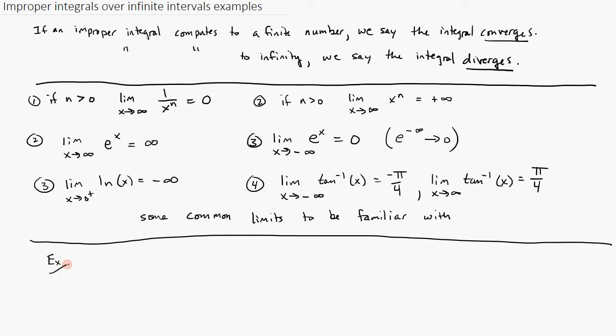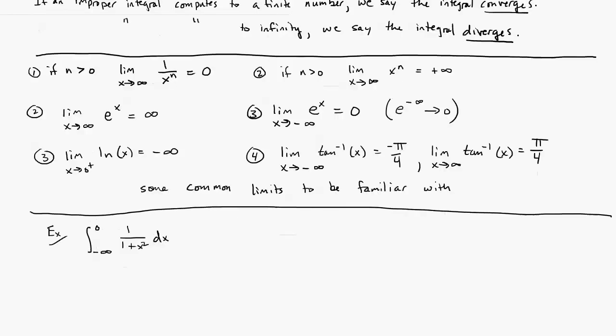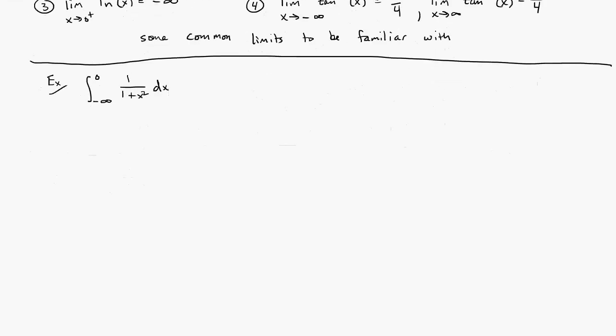So the first example will be to integrate from minus infinity to 0 of 1 over 1 plus x squared dx. Okay, so the infinite limit is on the left-hand point.